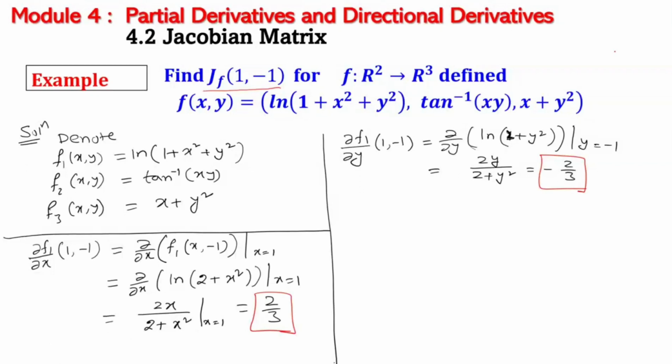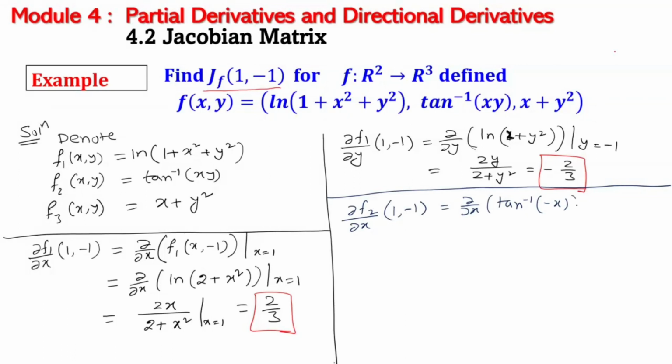So in the next step, we are going to take the derivative of f2. So del f2 del x at the point (1, -1). So this is equal to del del x of tan inverse, so we put y equal to minus 1. So this is tan inverse of minus x at the point x equal to 1.